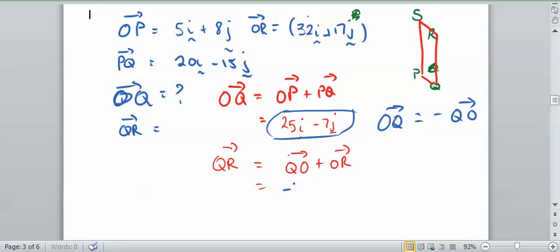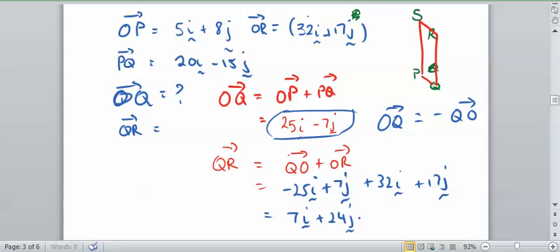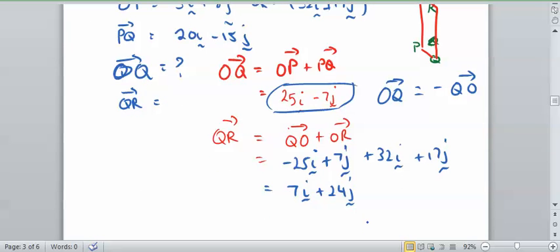QO is negative 25i plus 7j. I'm going to flip the signs around. And OR is plus 32i plus 17j. Equate those components. We've got 7i plus 24j. Is that right? QR, 7i plus 24j. Let's see if the answer's right. Yep, that's right. And 25i minus 7j. Okay, so we've done part A.